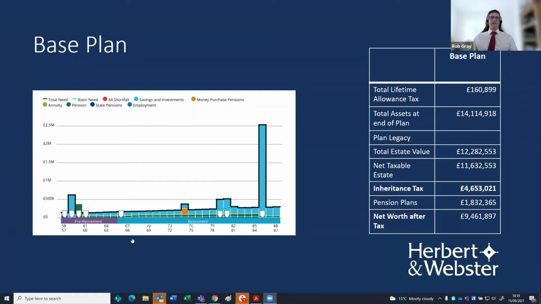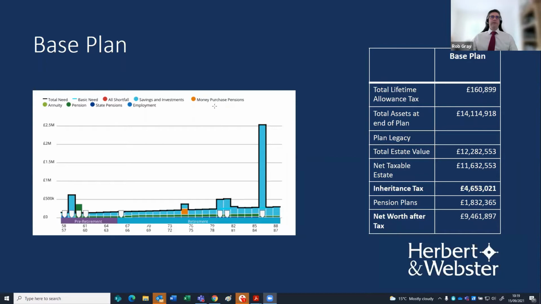So what the plan is suggesting here is that actually most of his income need will come from his savings and investments that aren't in pension or ISA wrappers. So what we would tend to do is suggest that people spend their what we term unwrapped investments first, where they're not getting any tax benefits.